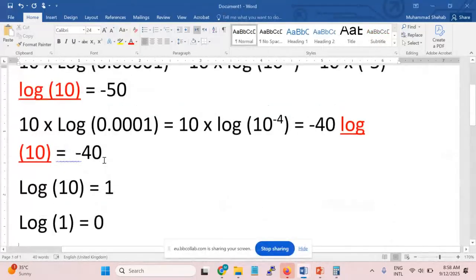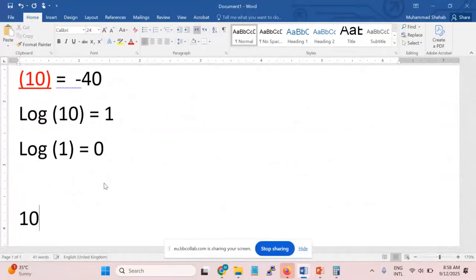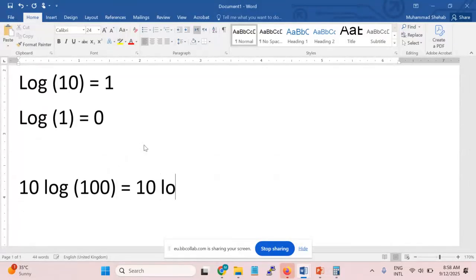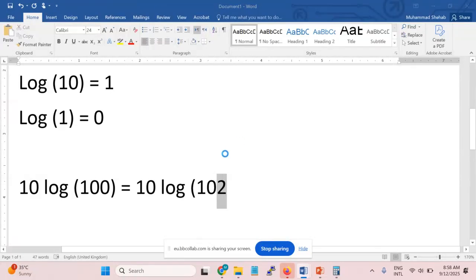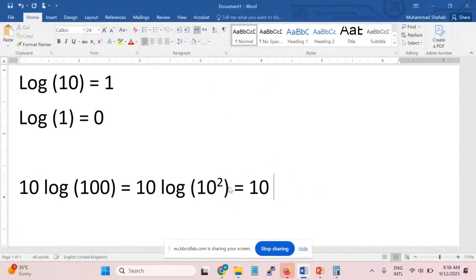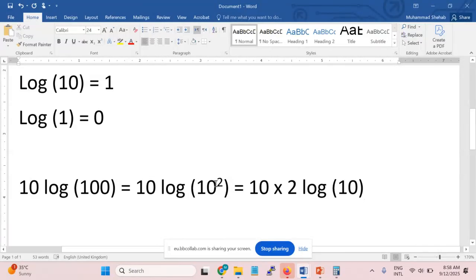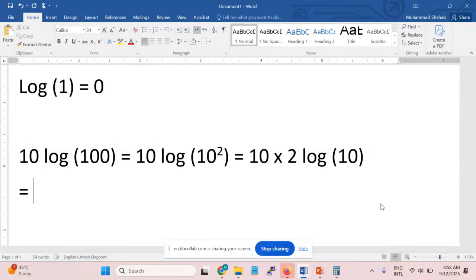Let me do it for you in Word. 10 log 100 equals 10 log 10 power 2, equals 10 times 2 log 10, because log of x power n equals n log x. Equals 20 log 10.